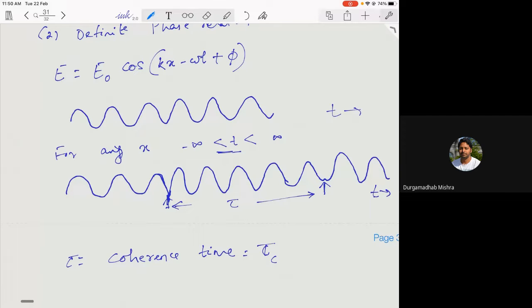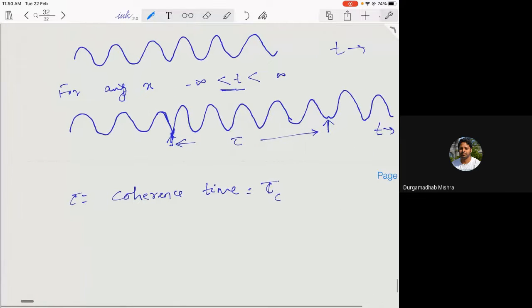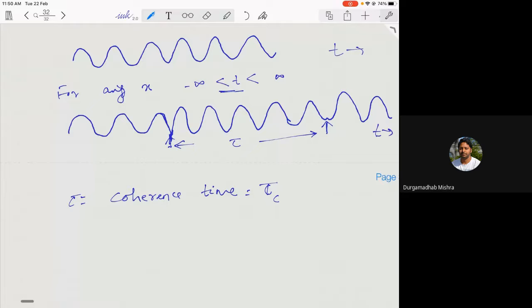Now, what is the distance or length traveled by the wave? The distance L is c into tau c, which is known as the coherence length of the wave. So this is normally what happens for any electromagnetic wave that comes from a source.